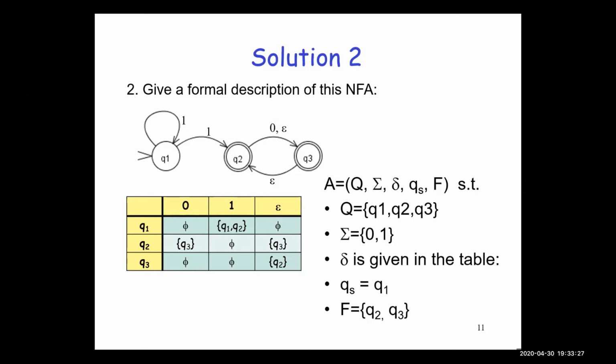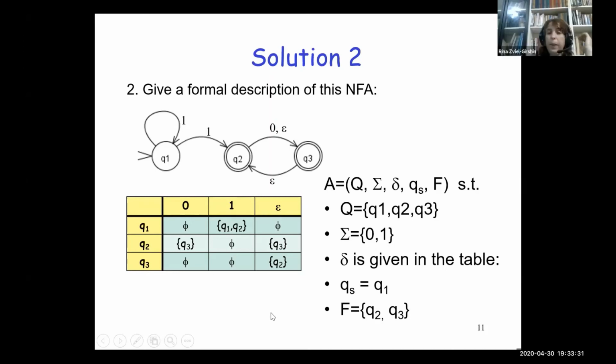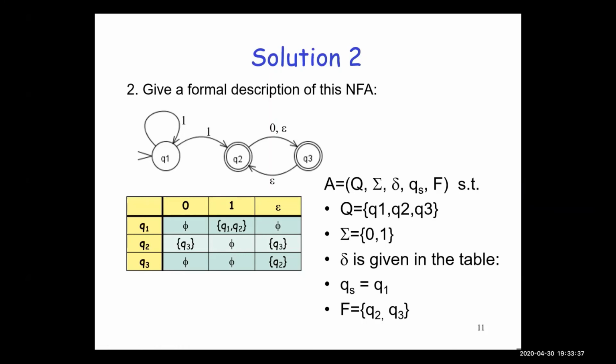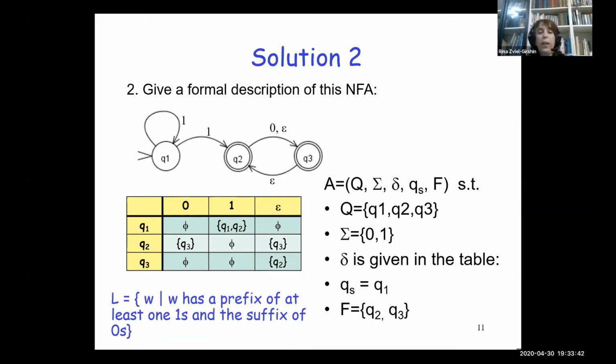At least 1, 1, starting with at least 1, 1. That's it. And what about 0 from Q2 to Q3? It doesn't matter. You don't have to have it. The suffix of zeros, but you don't have to have it.